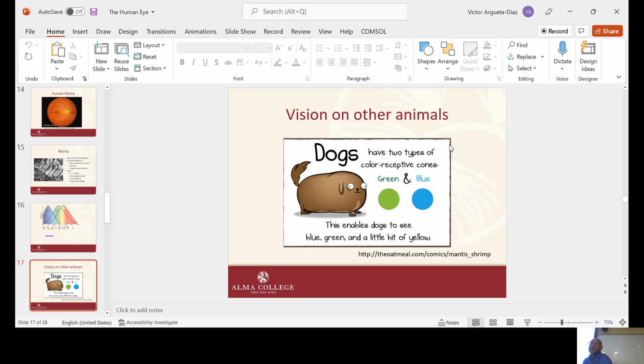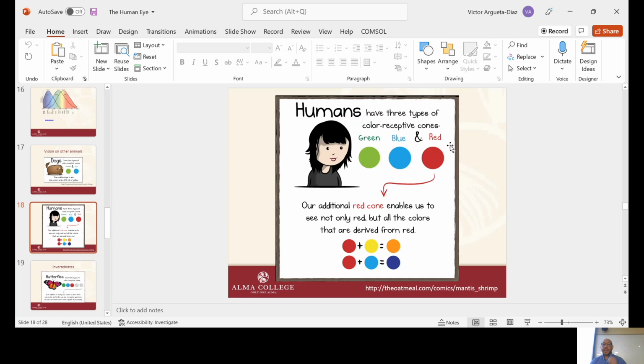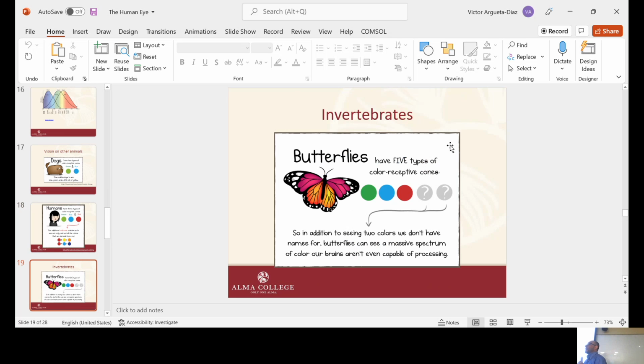Dogs have two photoreceptors, usually green and blue. So they don't see anything that has to do with yellow, oranges, anything like that. Humans, we have three photoreceptors, and we can see the combinations of all of them. Different animals have additional photoreceptors that extend beyond the visible range.